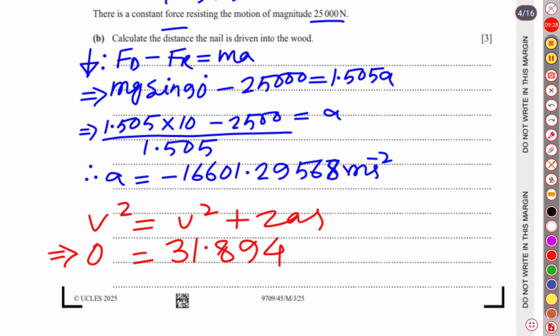So it is going to be 31.894 square, plus, as acceleration is negative, 2 into acceleration, 16601.2956, into s. Okay, and s is what we require.